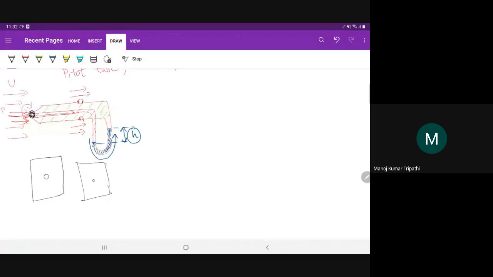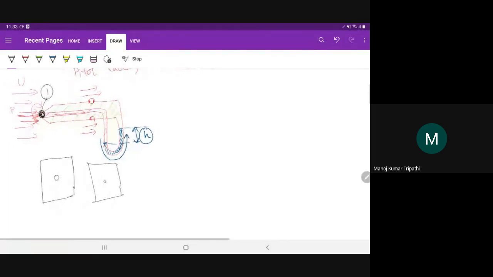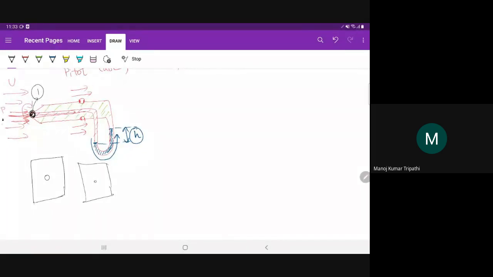So although the fluid can go inside, it still loses all its momentum. Okay. So a similar thing happens here also, and we can apply Bernoulli's equation to find out what the pressure is at this point, at this hole. So let us call this point 1 and let us call the point somewhere here as point 0.